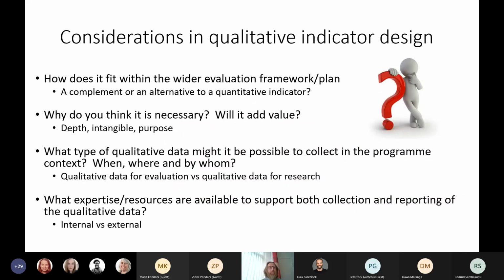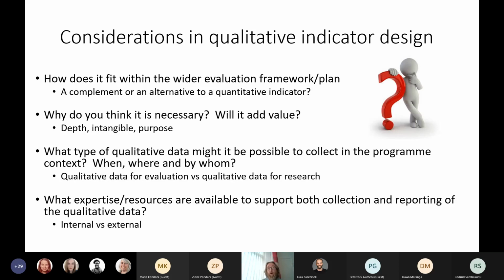The final slide in this section has some considerations if you're choosing to use a qualitative outcome measure. How does it fit within your wider evaluation framework? Are you doing this as a complement to a quantitative indicator or as an alternative? I think being able to do both works really well, but in some cases you may only be able to do one or the other.